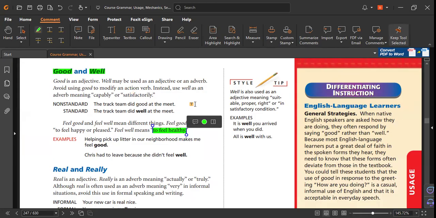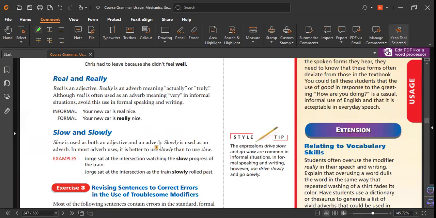For example, when I ask you how you are doing today and you say "I'm very well," it means I'm in good health, not that you are doing something well. So it's used as an adjective. But here, "the track team did well" is talking about an action verb, not that they are in good health.